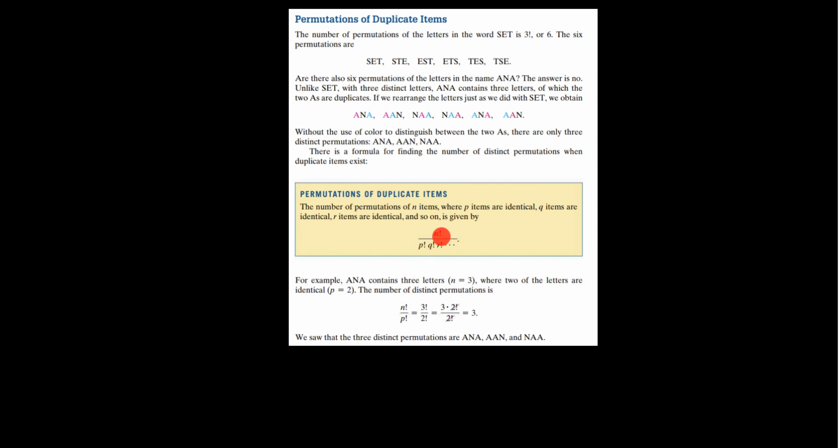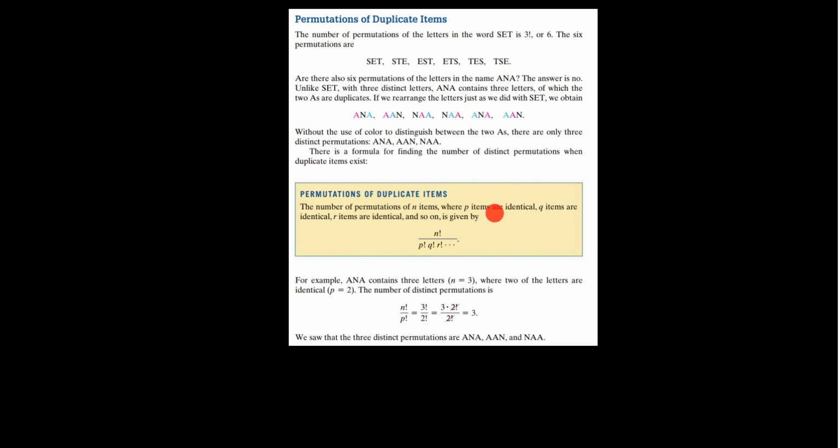In this formula, we use p, q, and r, and so on, depending on how many identical letters we have. If we were to use this formula for A and A, there are 3 letters, so that is the n, so that's n factorial. There are 3 letters, so we write 3 factorial. And then p items are identical, and we're looking at the denominator here.